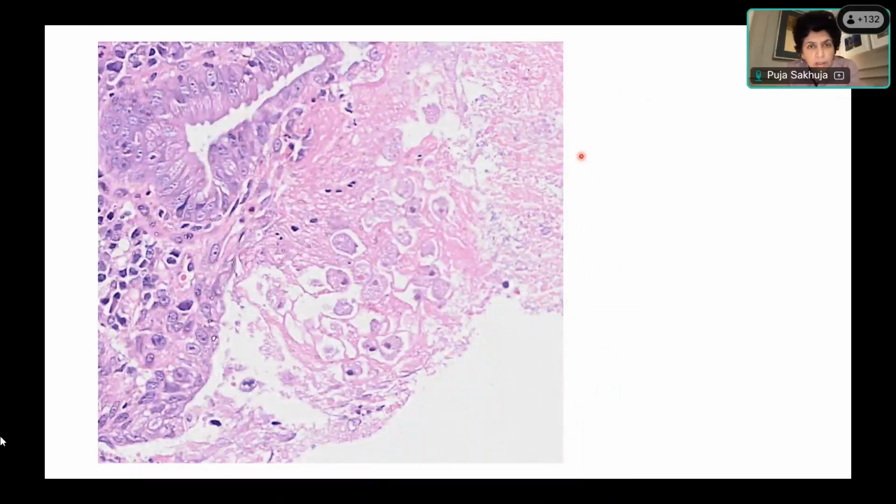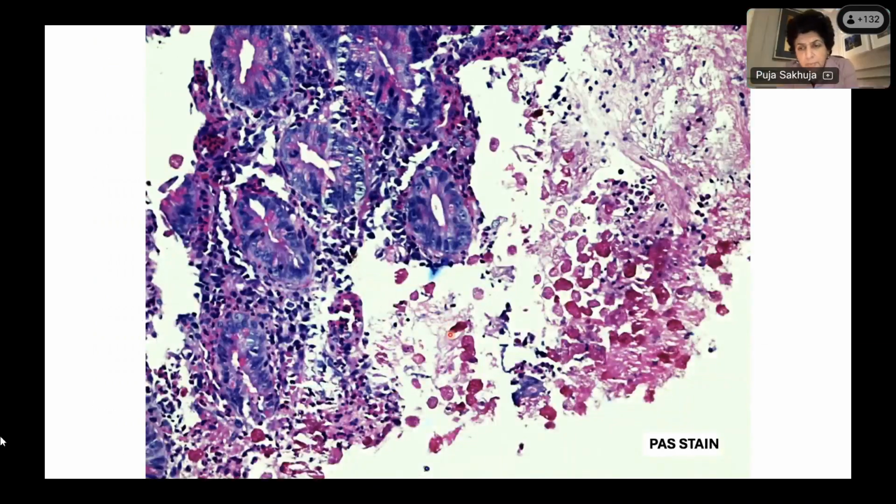So these are the amoebic trophozoites, right? And what stain is this? PAS stain. So should we do a PAS or a PAS with diastase? PAS. What is the other stain we can do for amoebic trophozoites?